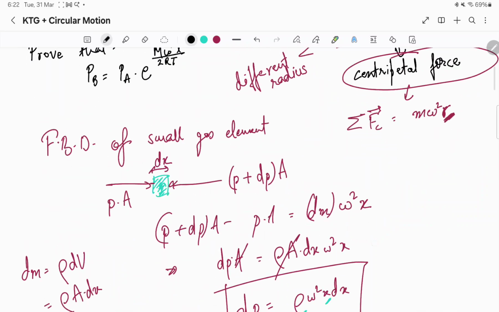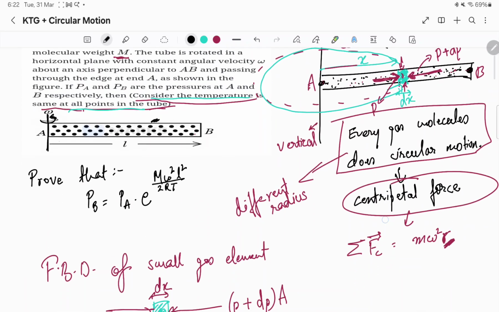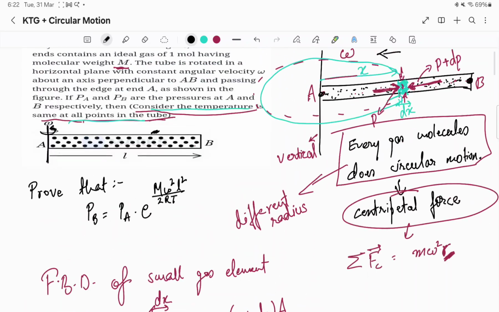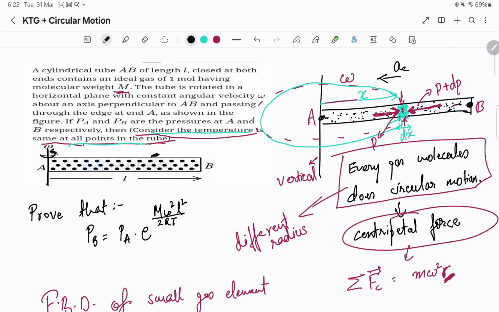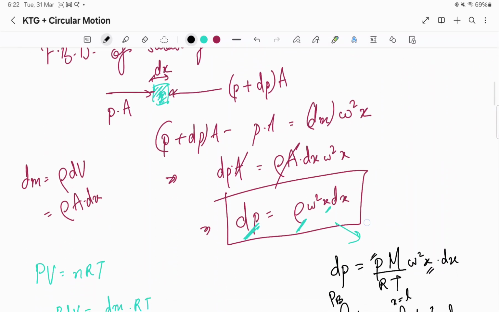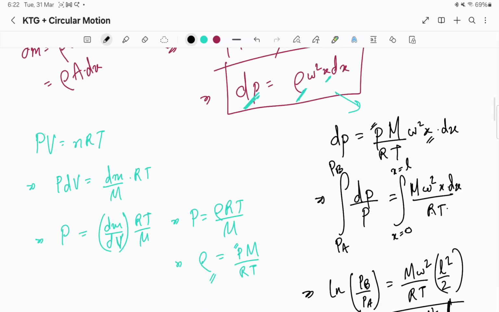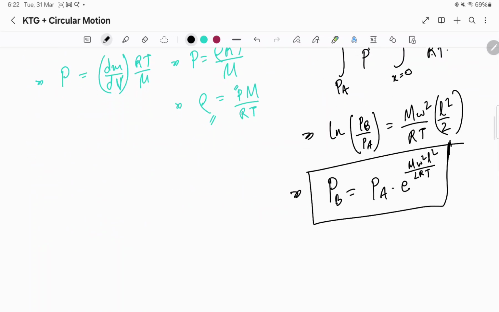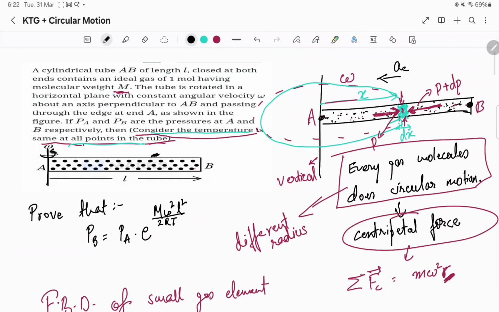Second, the circular motion concept is applied here, and if there is a gas, in most cases we have to apply the ideal gas equation, which we have used. So we have proved this formula: PB is equal to PA e to the power M omega square L square divided by 2RT.